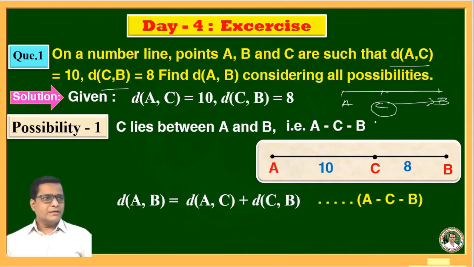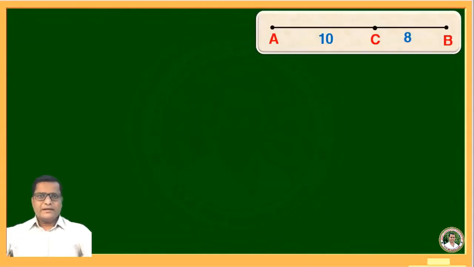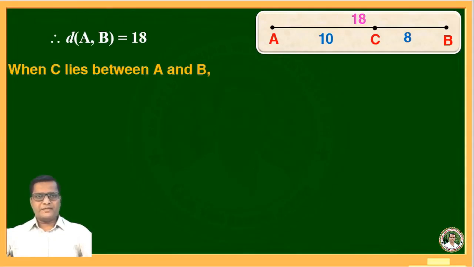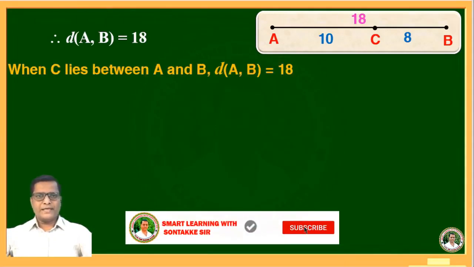Because here C is between A and B. Now put the given values of AC and CB. Therefore, distance of AB is equal to 10 plus 8. Then after addition, distance of AB is equal to 18. That is shown in the figure. Therefore, when C lies between A and B, distance of AB is equal to 18. This is the first possibility.